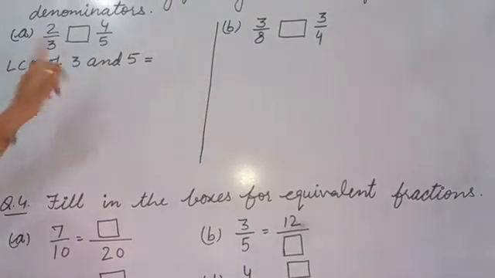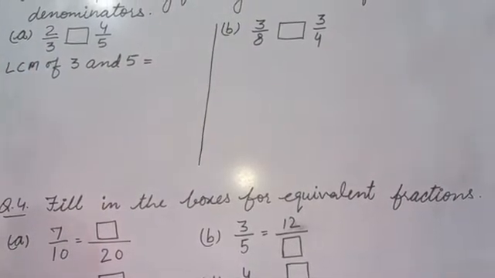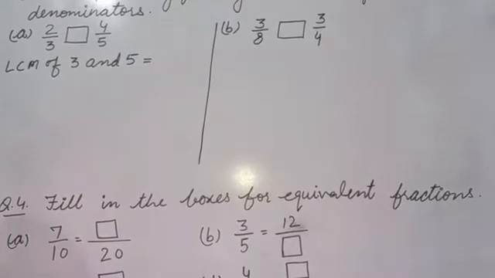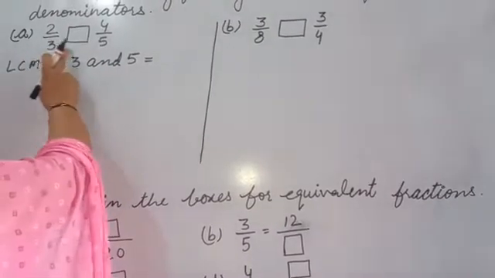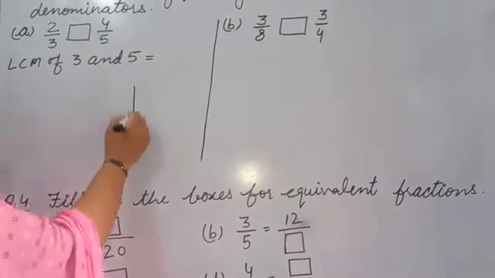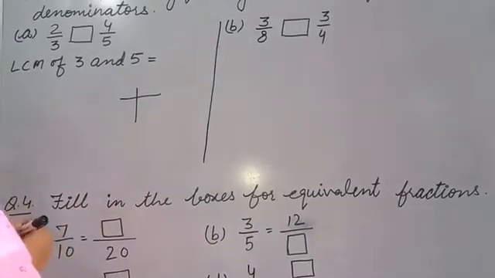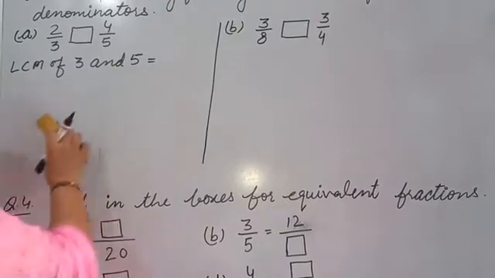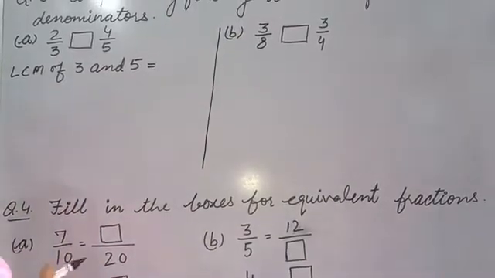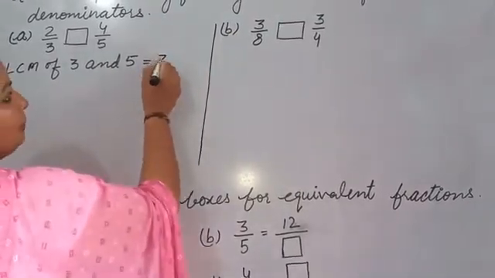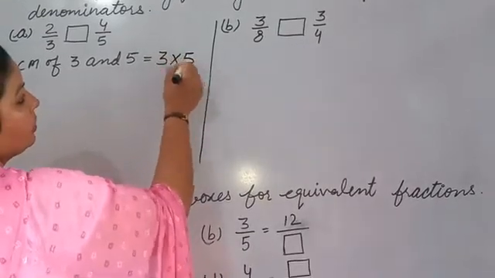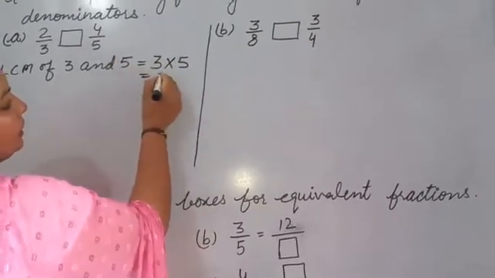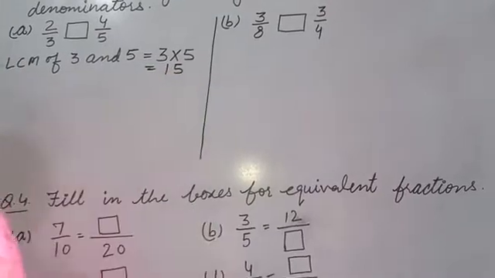Whenever both are prime numbers, directly you can find their LCM by multiplying. जब आपके पास both prime number है तो हमें ऐसे डिवीजन में ऐसे शो करने की जरूरत नहीं है. Directly we can find by multiplication because both are prime, so they will not come in each other's table. Okay, so directly we can do 3 multiply by 5. 3 5s are 15, so our LCM is 15.